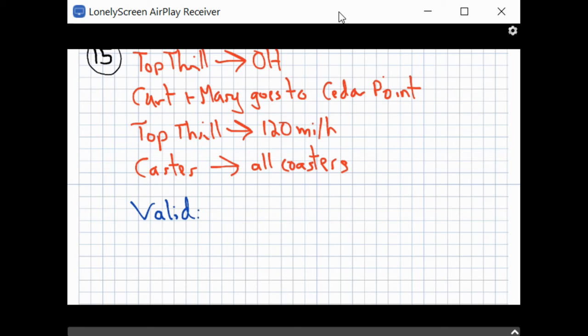If you want to explain it, you can just say Cedar Point is in Sandusky, Ohio, because they stated that and it fits in where the roller coaster is.